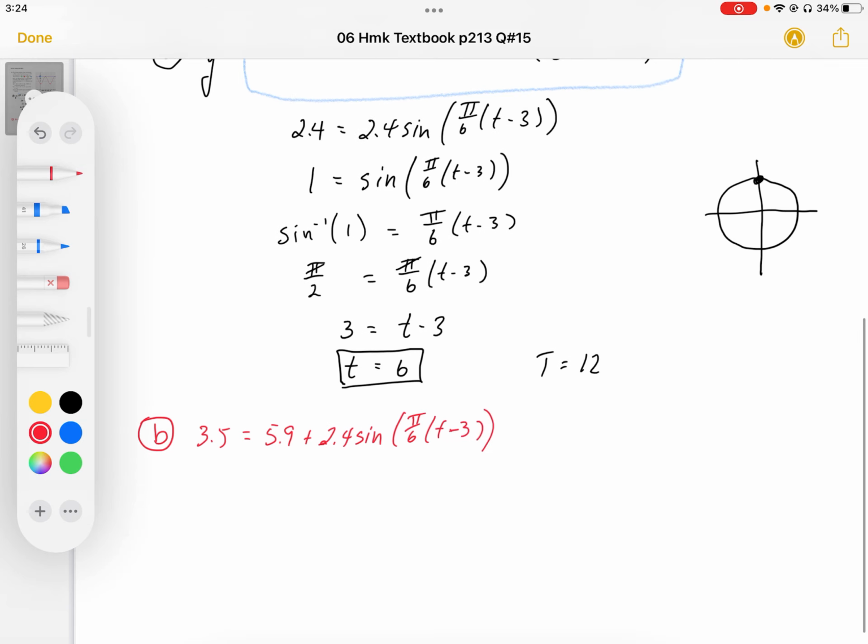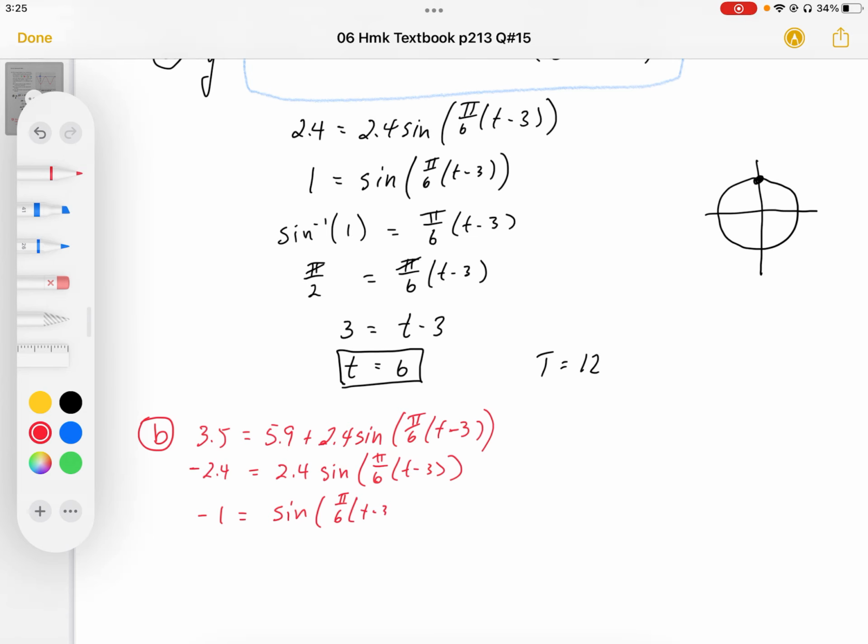And then solving this algebraically, again, I'm going to undo this by subtracting 5.9. So I get negative 2.4 equals 2.4 sine of pi over 6 t minus 3. Divide both sides by 2.4, I get negative 1 equal to sine.